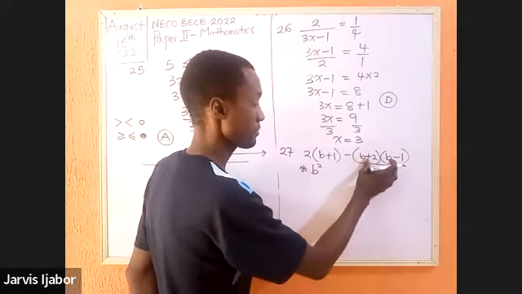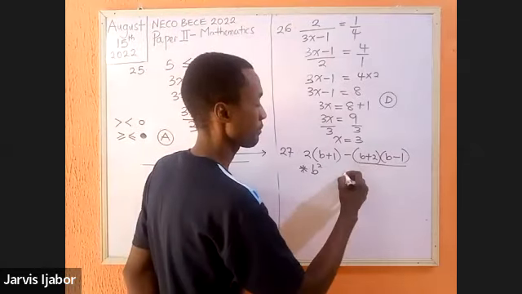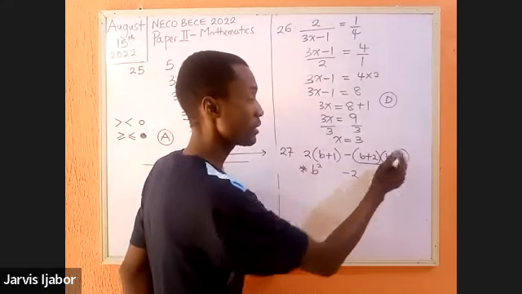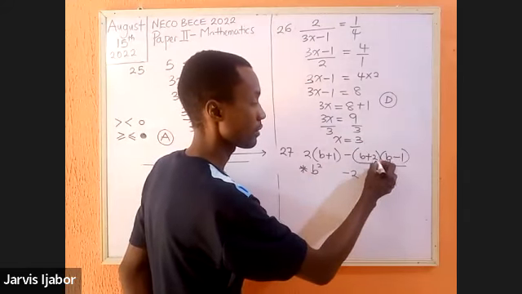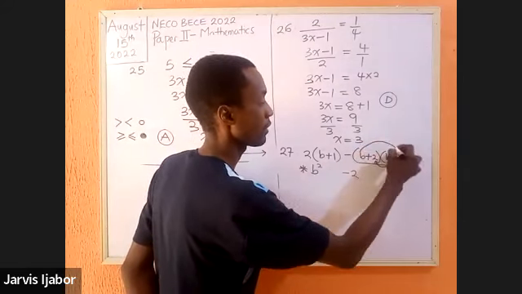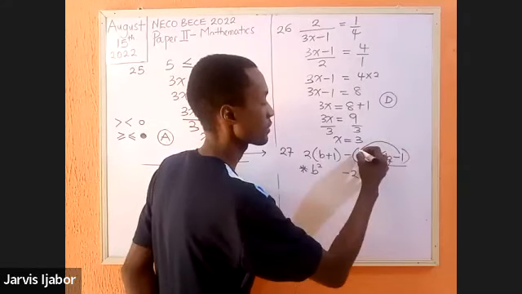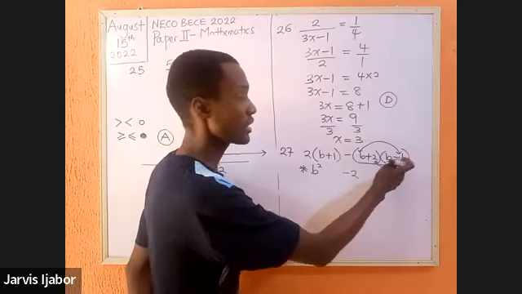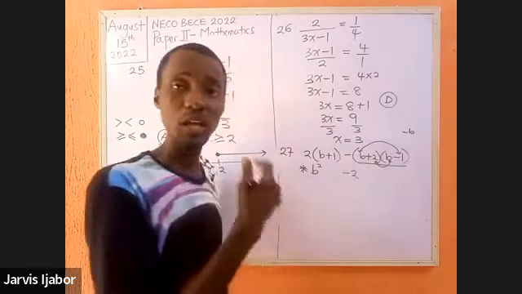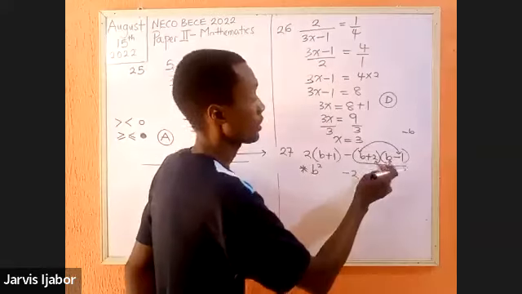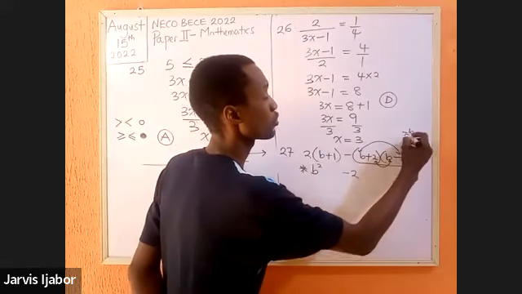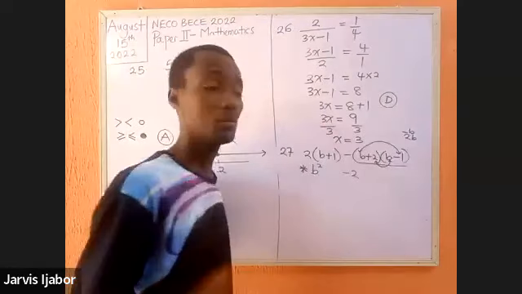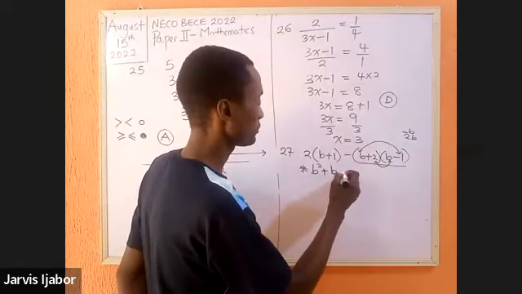First to first term, last to last term, then cross terms. b times negative 1 will give me negative b. Remember, we're doing our crossbow technique. Then 2 times b will give me 2b. You discover that 2b minus b will give me b. So I'll have plus b.